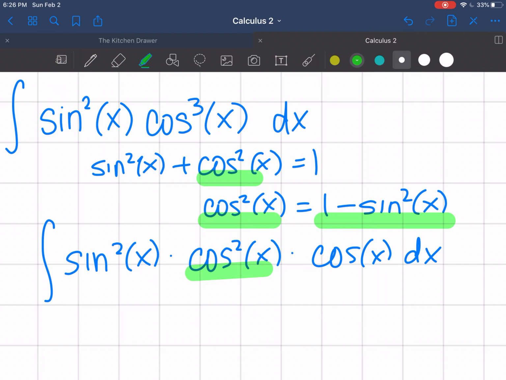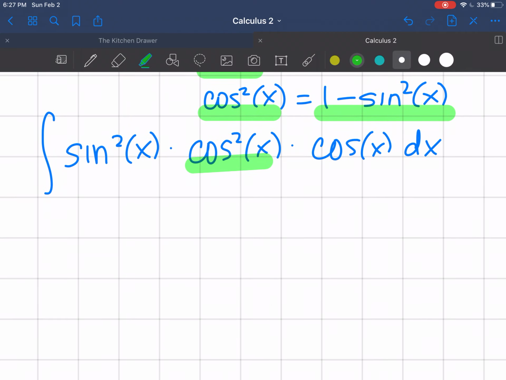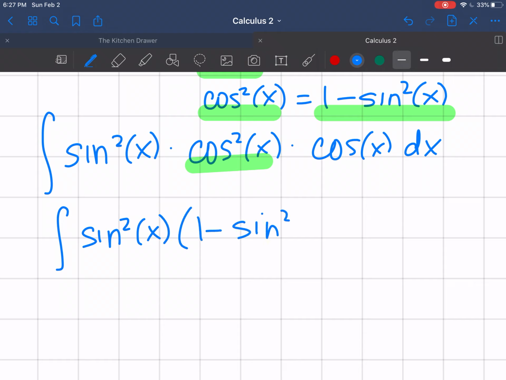And so then when you do that, we now have sine squared of x times 1 minus sine squared of x. All right, and then we have this leftover cosine of x dx.